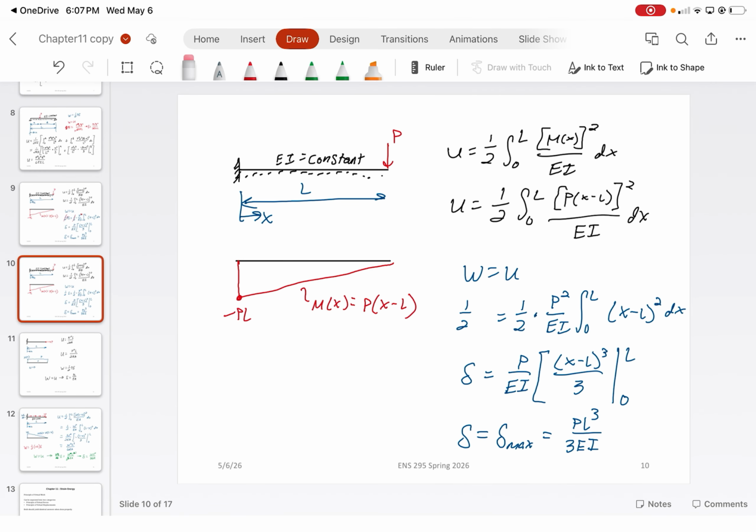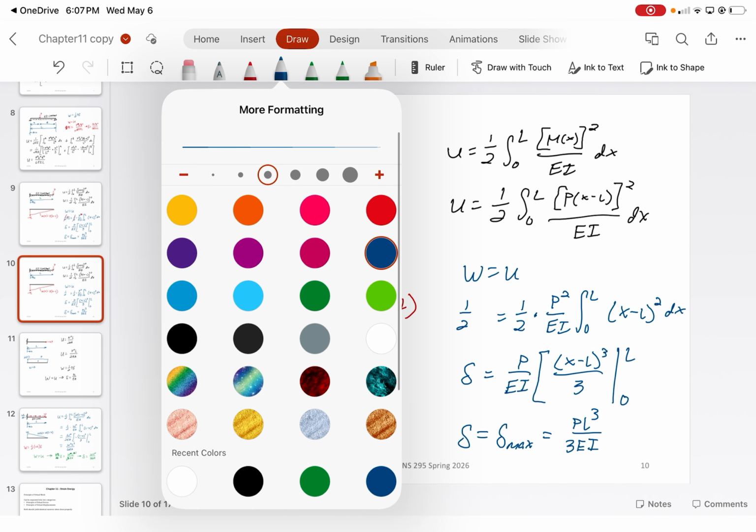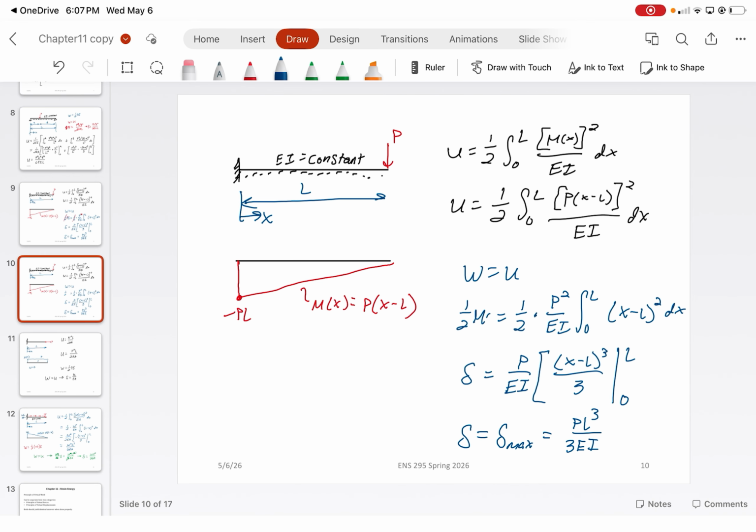In this case, we would have 1/2 M theta is equal to P over EI times (x minus L) cubed, right? And that integration would still kind of follow. But in this case now, M would just equal P times L.